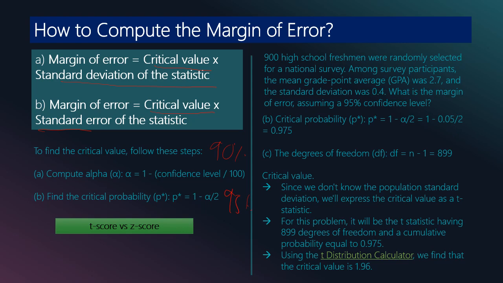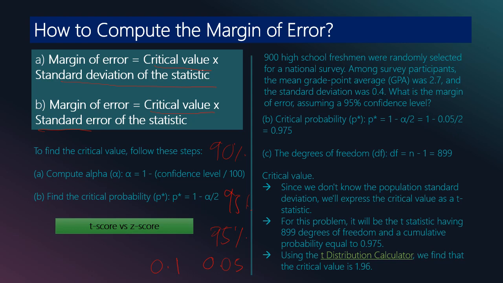So alpha equals 1 minus confidence level divided by 100. Biasa sebenarnya boleh hafal dia. Kalau 95% confidence level, alpha dia 0.05. Kalau 90%, 0.1 alpha. Kemudian find the critical value. P sama dengan 1 tolak alpha bagi 2.